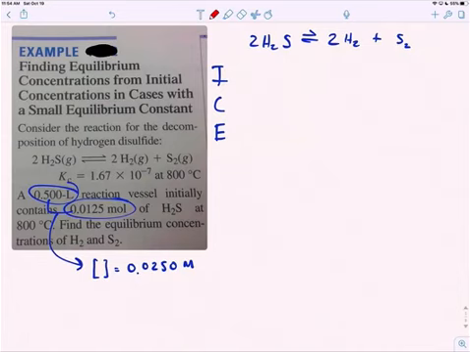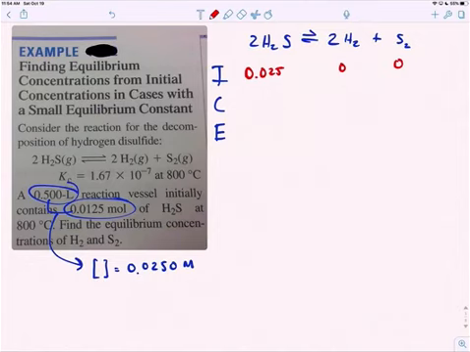So our initial concentration here is going to be 0.025 molar for hydrogen sulfide. And we're asked what the equilibrium concentrations of hydrogen and sulfur are. Initially not listed, we give it 0. And remember, concentration is moles per liter. I'm just kind of glossing over that step.